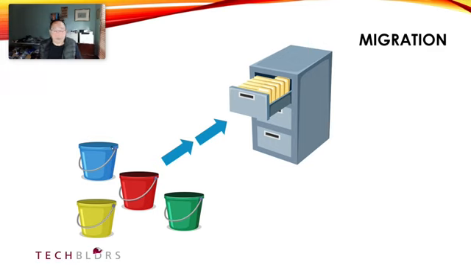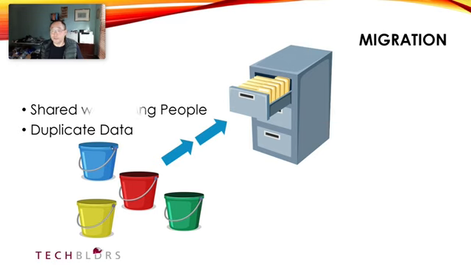Well, the first thing that happens is you find lots and lots of duplicate data. The way Dropbox works, for instance, if I wanted to share with you a file, let's say it was 10 megabytes, that 10 megabytes is actually now stored also in your bucket too. And if I shared it with lots of people, that 10 megabytes is in lots of people's buckets. So lots of duplicate data.